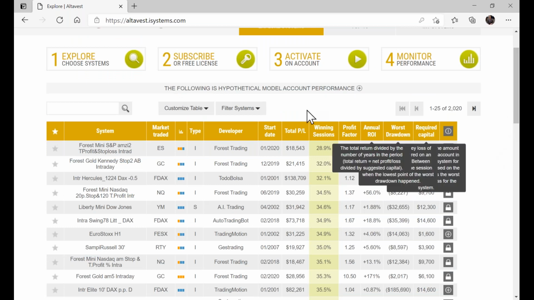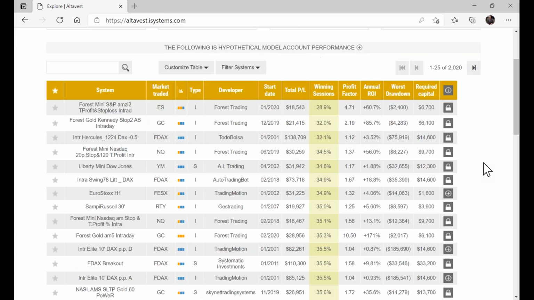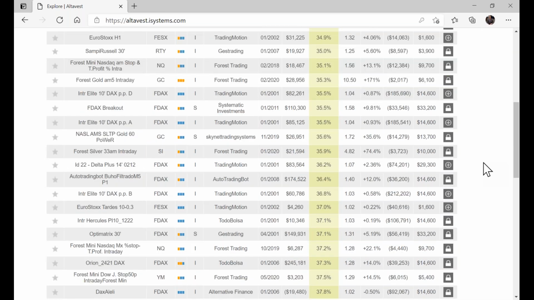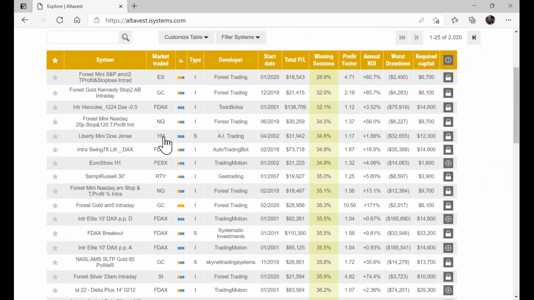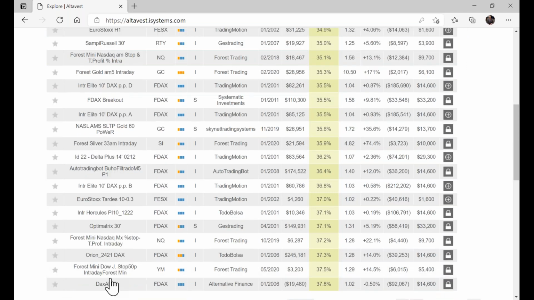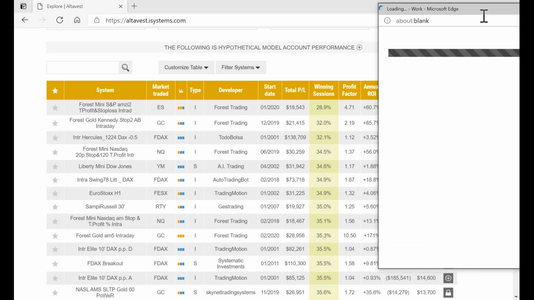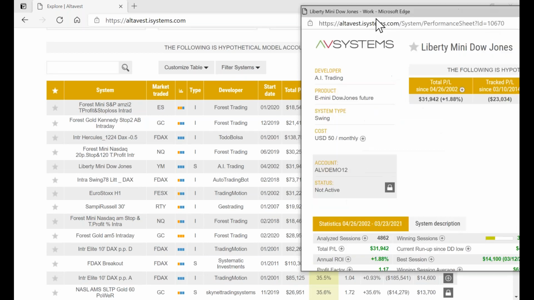And now the next thing is, we've showed how to filter, but what if you want to choose a particular system? Well, you can do it in a couple different ways. Just right on the page here, you'll notice any of these systems. If you go ahead and just click on one, and I have not clicked on this, I don't think I know what this one is.